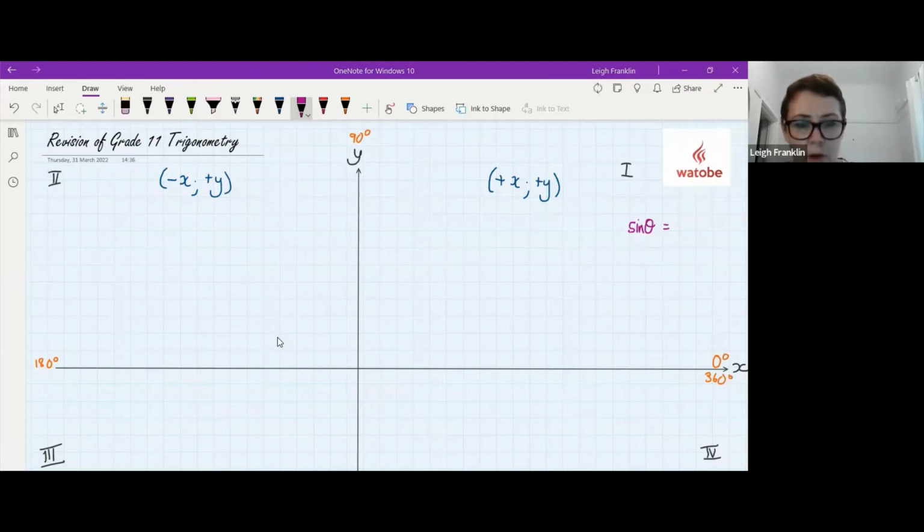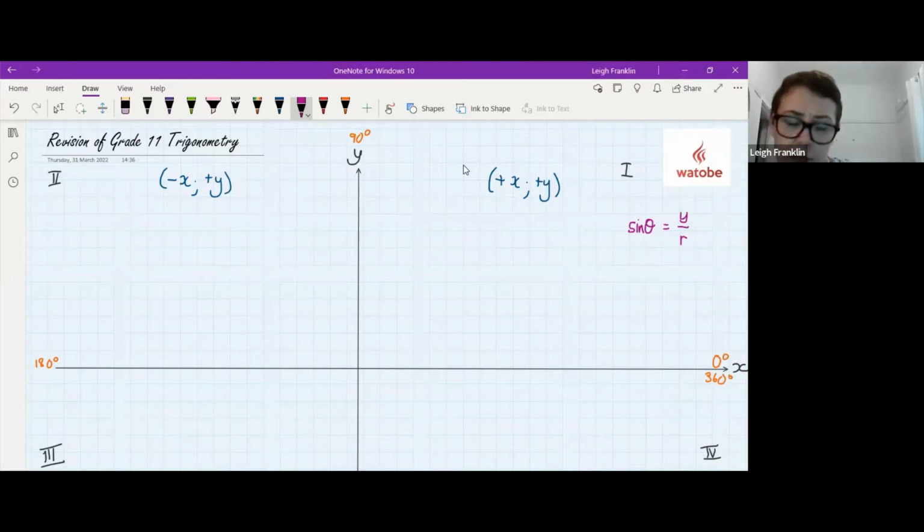Can you remember from last year? You can either unmute or pop it in the chat. I've got to use an x or a y. That's it, Panita, y over r. All right. What does r represent, Panita? Hypotenuse. Absolutely, the hypotenuse. Okay, or the terminal arm.